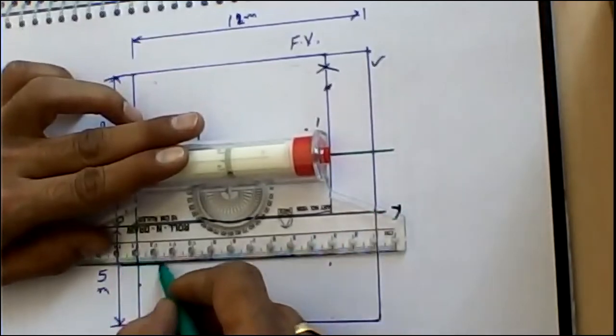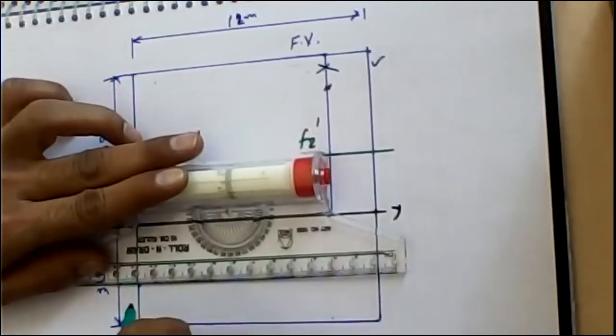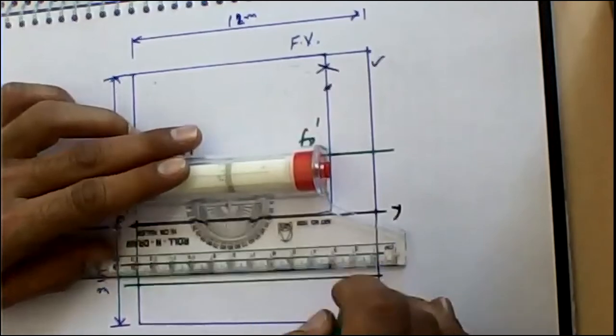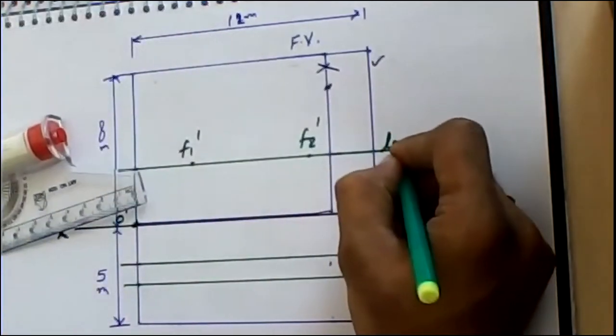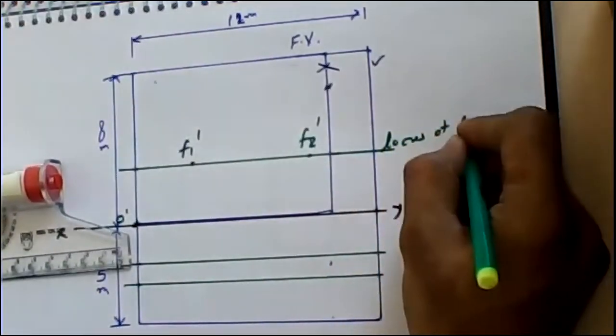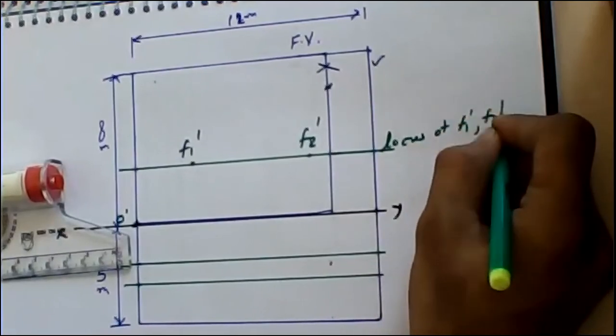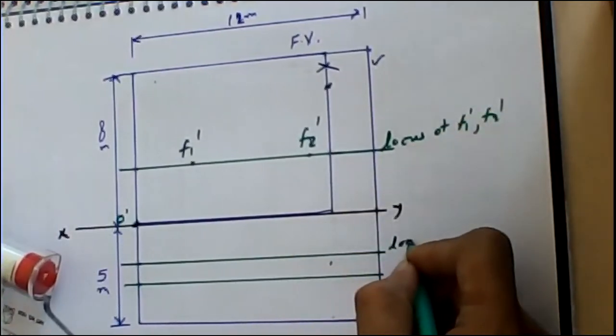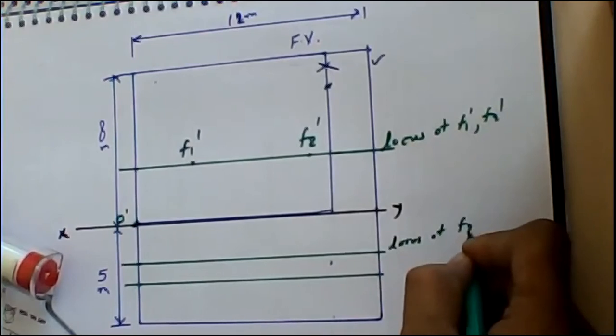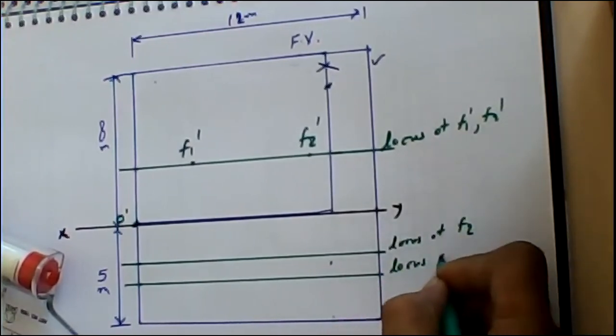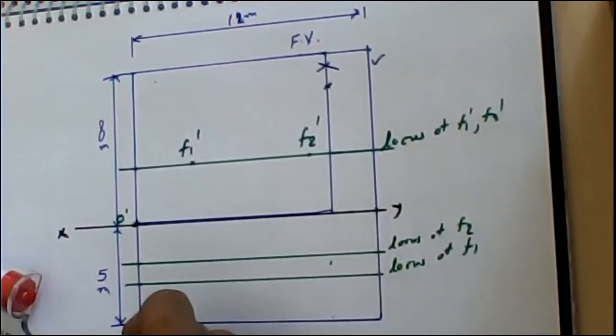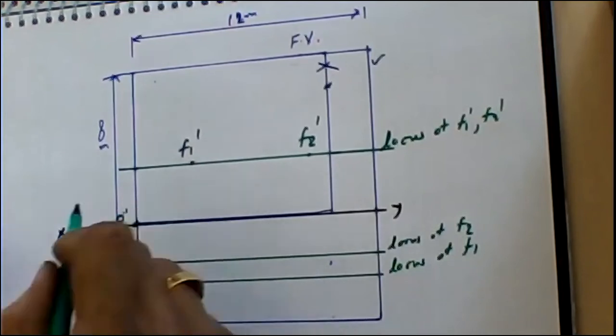This is the locus of second line and this is the locus of first line position. You can even say this line itself is a locus of F1 dash, F2 dash. This one is going to be locus of F2. This is going to be locus of F1. This position is going to be O. This is going to be O dash.